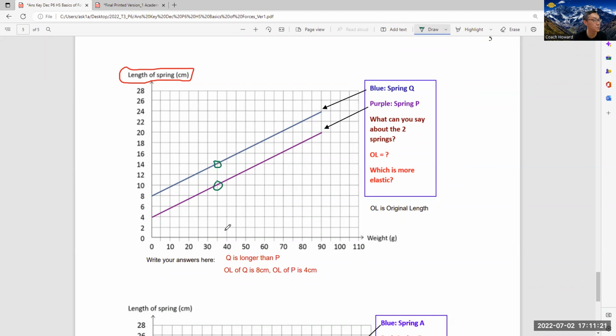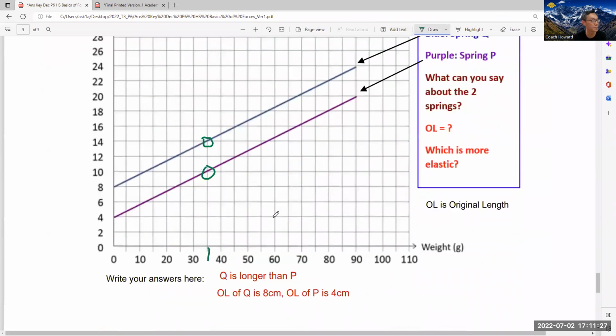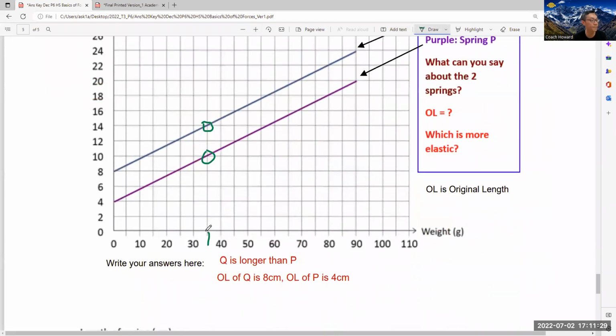That's why I'm using this weight, 35. If you enlarge bigger, you can see when the mass is 35 gram, for spring P, this value is 10. You dot across here, you see this is 10, whereas this is 14.